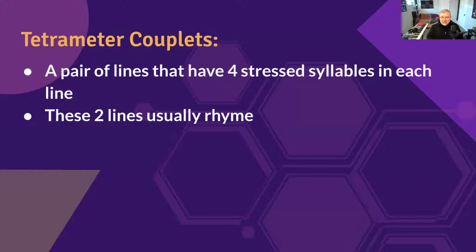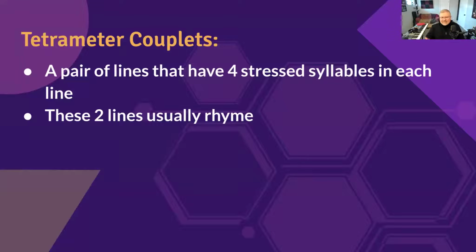And these lines usually rhyme. Yeah, stressed syllables are different than stressed songwriters, right? You have a stressed songwriter and stressed syllables. So when we're talking about tetrameter couplets, it's really 4 stressed syllables.